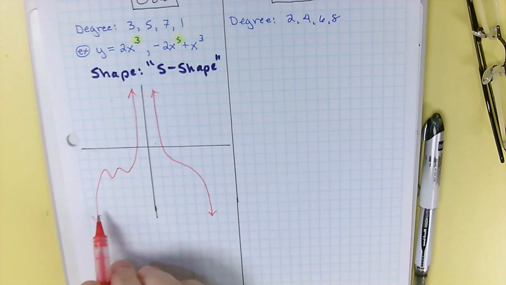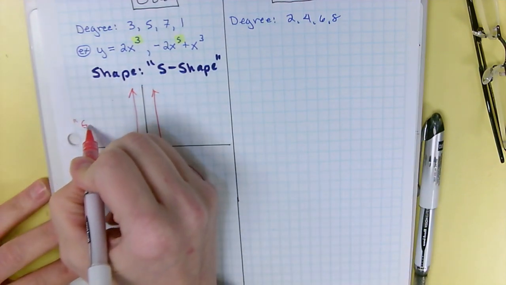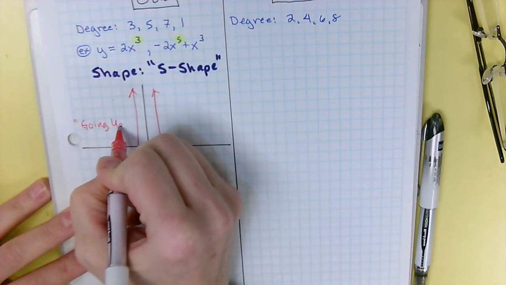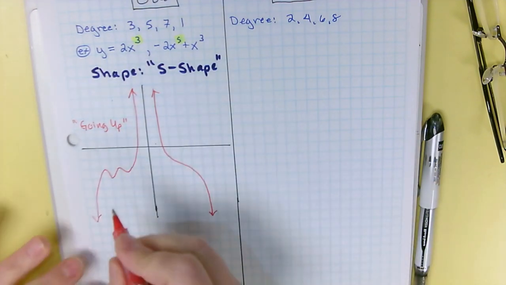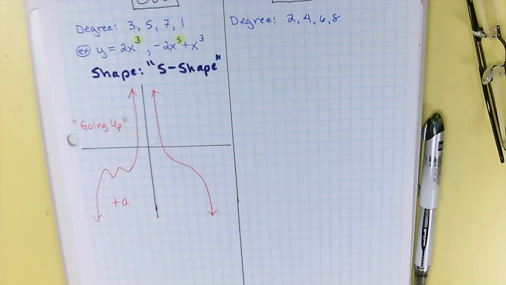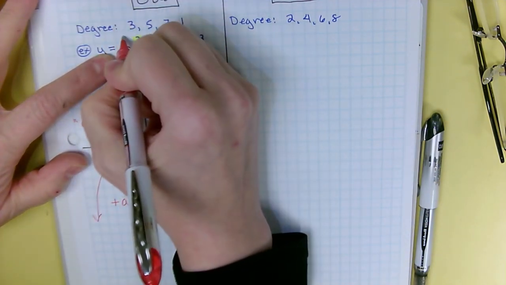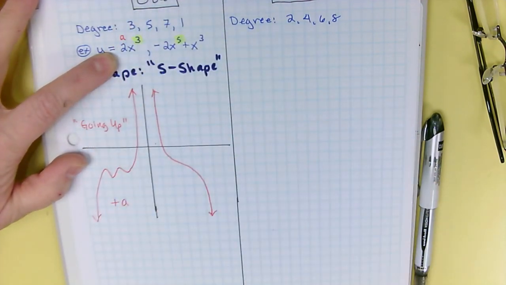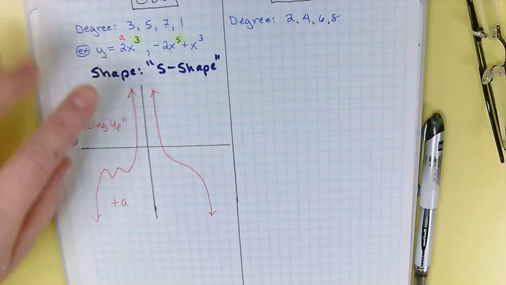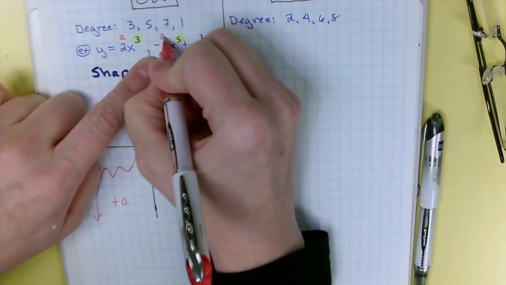If your function is going up, then that function will have a positive a value. Your a value is the number attached to the highest power of x. In our examples, for 2x cubed, my a is the 2 attached to the cubed x. For the other one, my a is the negative 2.